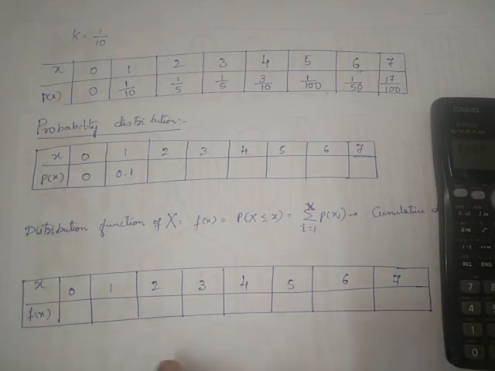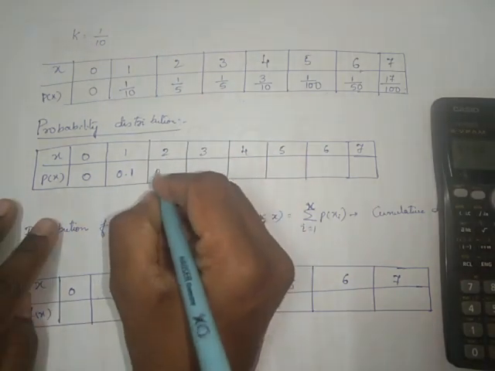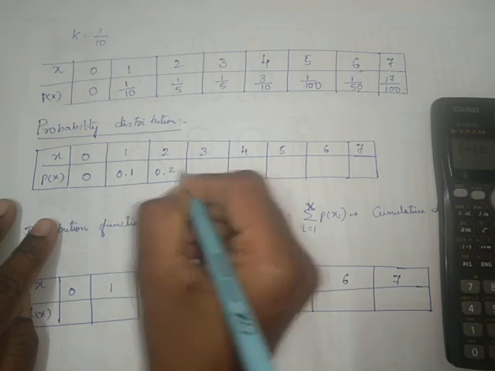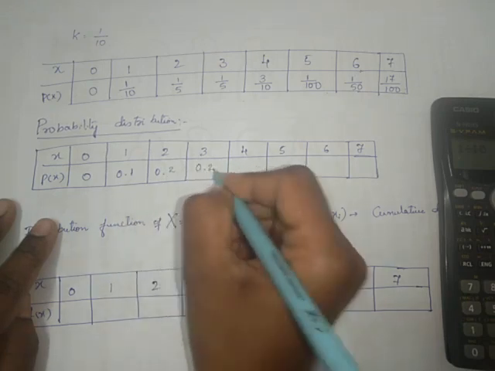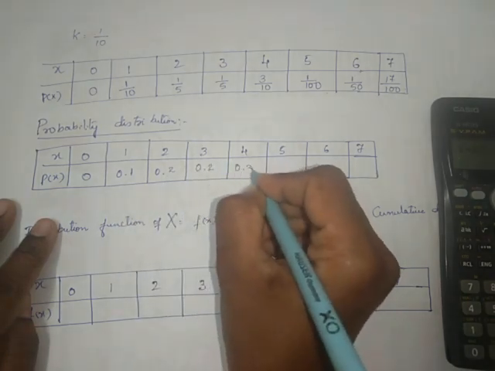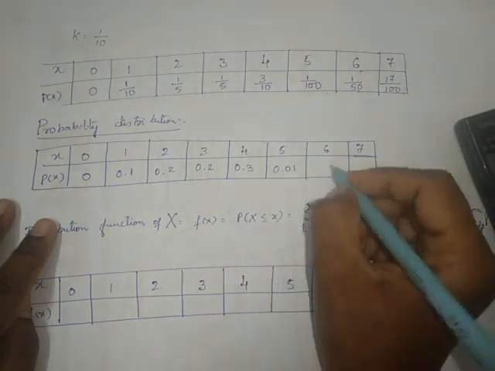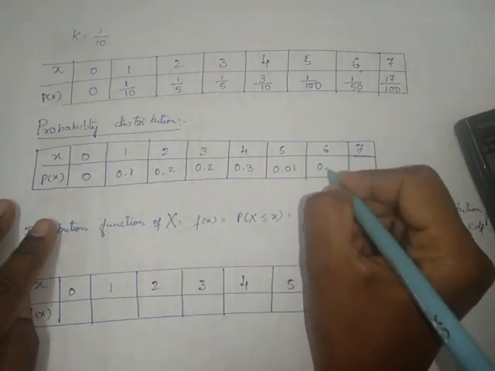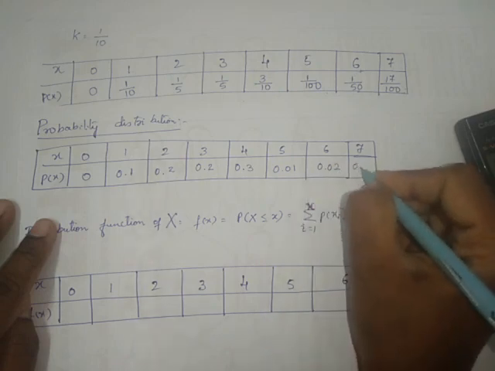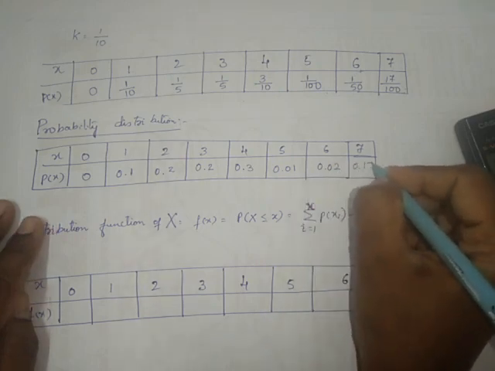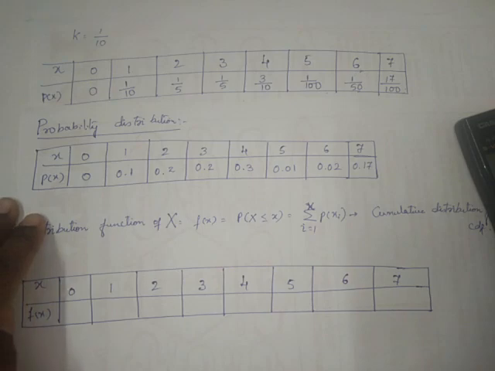I will write directly. 1 by 5 is 0.2, 3 by 10 is 0.3, 1 by 100 is 0.01, 1 by 50 is 0.02, 17 by 100 is 0.17.